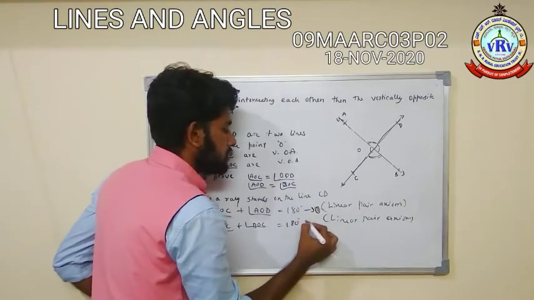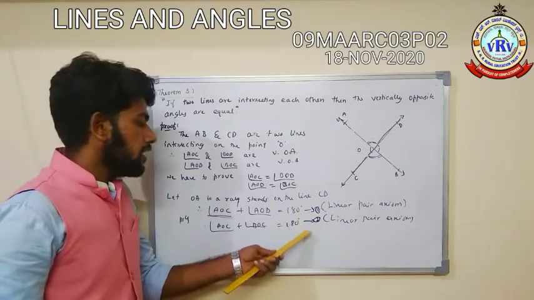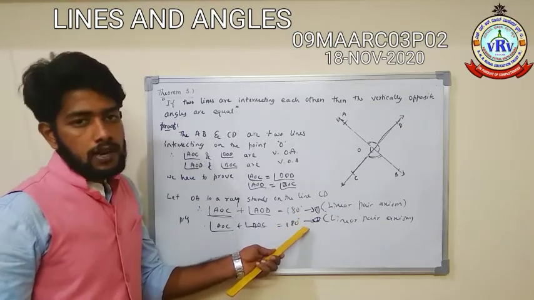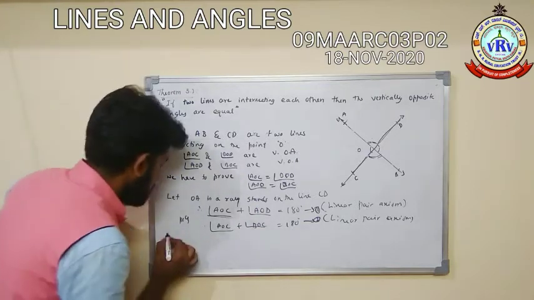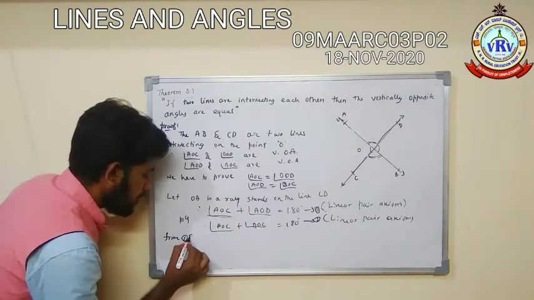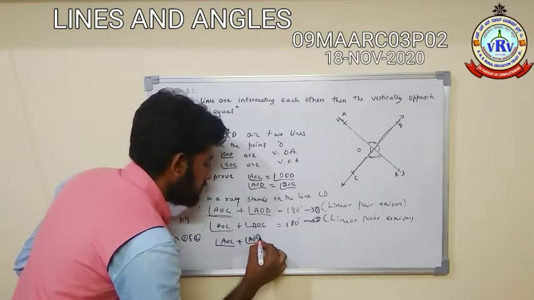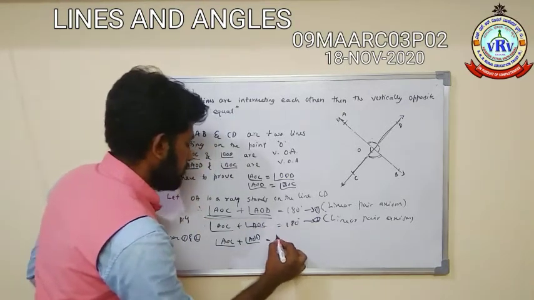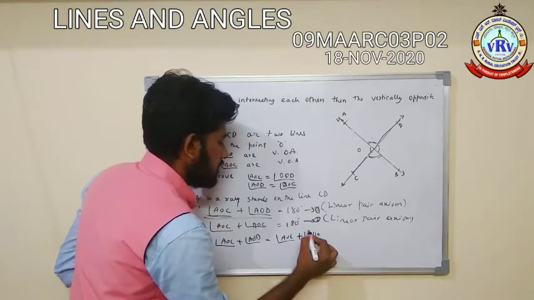Take these as equation number 1 and equation number 2. Observe, the right hand sides of equations 1 and 2 are the same. Therefore, the left hand sides should be the same. So from 1 and 2, angle AOC plus angle AOD is equal to angle AOC plus angle BOC.